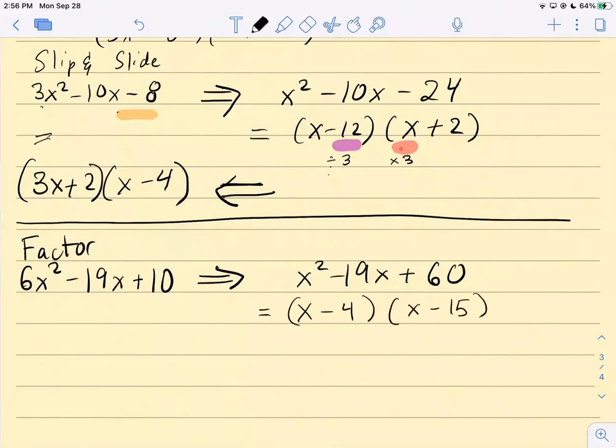And now here it gets a little bit interesting. 4 and 15 don't divide into 6. So you could do this. This is definitely okay to do.